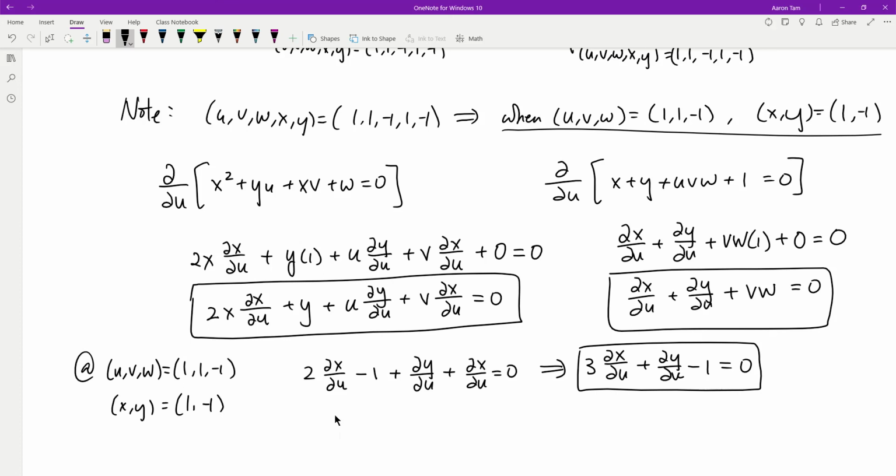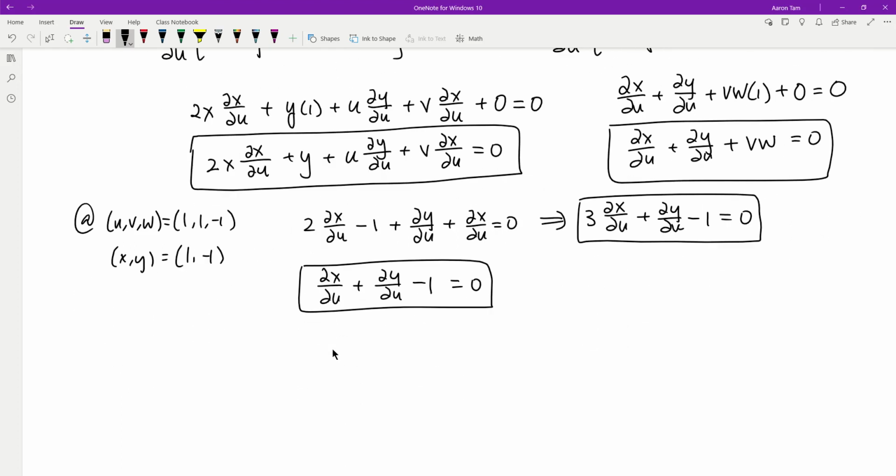Now we look at the second equation, that becomes dx over du plus dy over du plus vw. v is 1, w is negative 1, so that becomes minus 1 equals 0. So that's my second equation. Notice that this is much cleaner now because I don't have to deal with all the variables, but we will have to deal with them in our next example, so don't get too comfortable. In this case, when we're evaluating, I can simply plug in all the variables so that we can just focus on the partial derivatives.